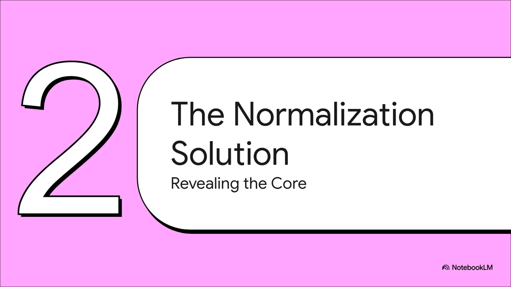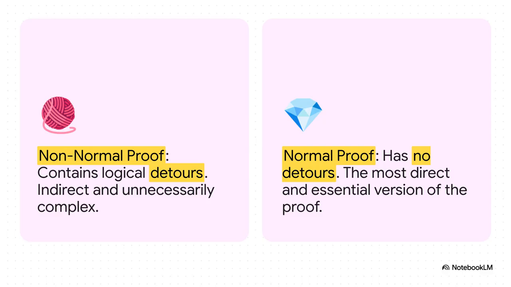So, how do we fix this whole mess? We use the normalization procedure. It's a process that refines an argument down to its absolute purest form. And here's what we're aiming for. On one side, you have a non-normal proof, which is like a tangled ball of yarn. It's full of these logical detours that make it indirect and just plain hard to follow.